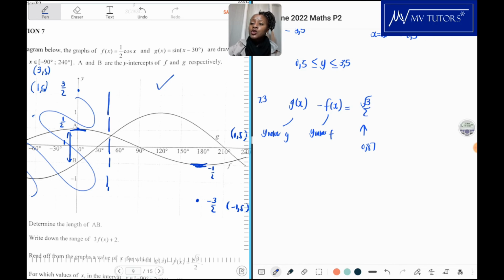If I look at 60 degrees, this is definitely not going to be 0.87. If I look at 90, it's not 1. I mean, 1 is there, right? So this looks like a good candidate. If we look at 120, it can't work out because it goes further than that. 150 as well, I don't think it would work out.